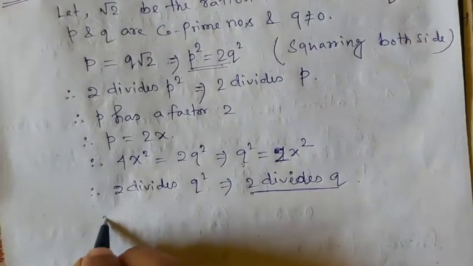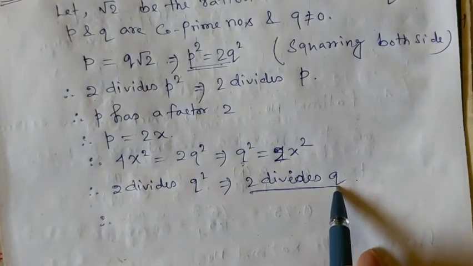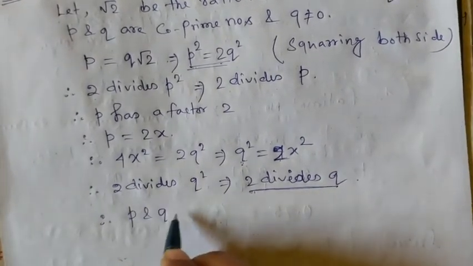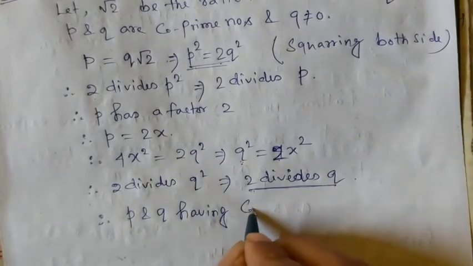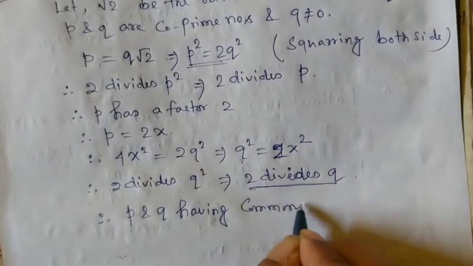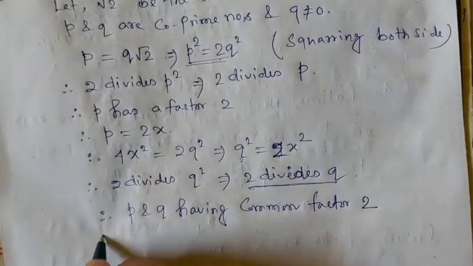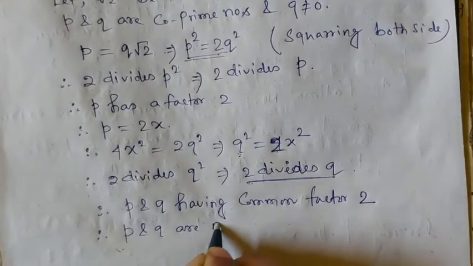So p has one factor 2 and here also q has one factor 2, that's why p and q have a common factor 2. So that means p and q are not co-prime numbers.